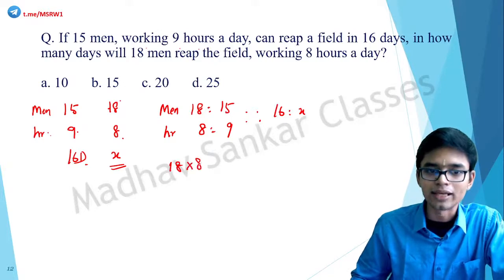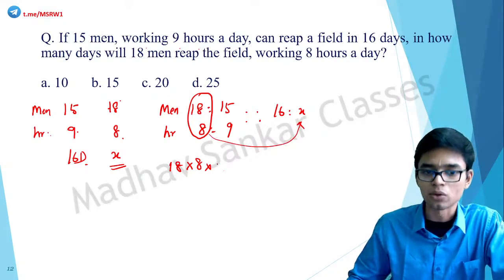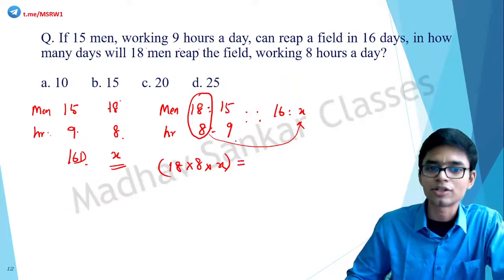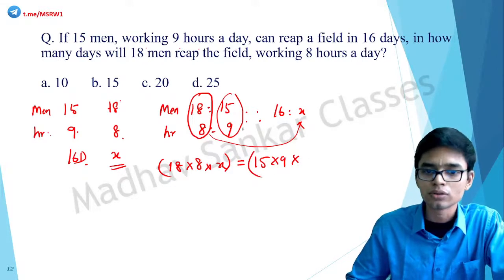18 into 8. The total number of hours worked by 18 men. Alright, that is the product of extremes. So x is equal to product of means. So 15 into 9 into 16.